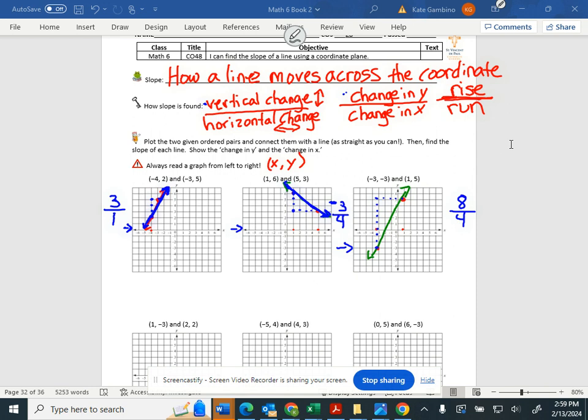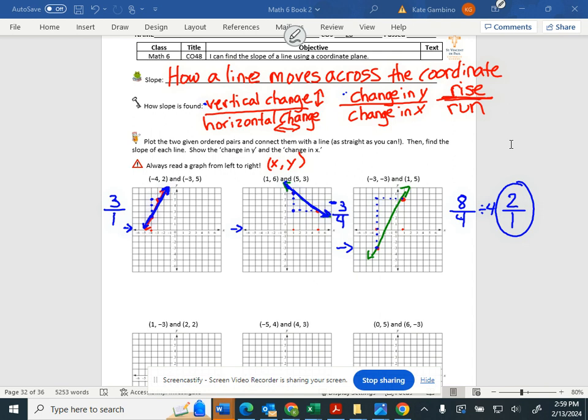I can divide a 4 out of both that 8 and the 4. 8 divided by 4 is 2. 4 divided by 4 is 1. My final slope in its simplified form is 2 over 1.